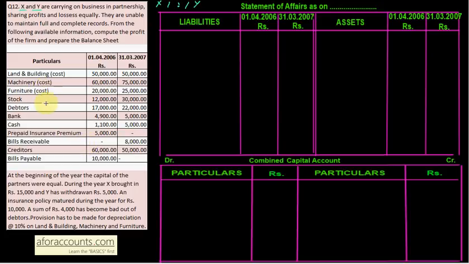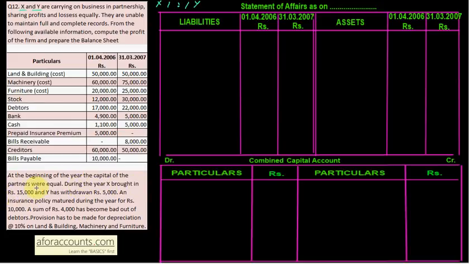Let's read the adjustment first. At the beginning of the year, the capital of the partners were equal. It is given that capital was equal, so whatever combined capital comes, half will be the capital of each. During the year, X brought in 15,000.